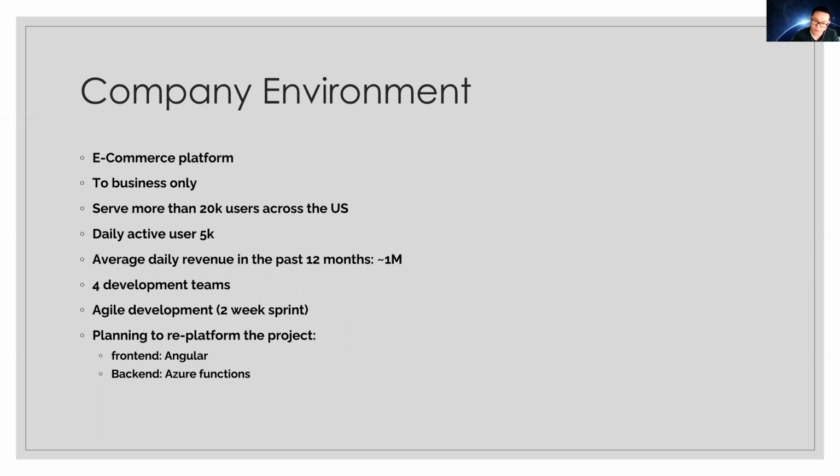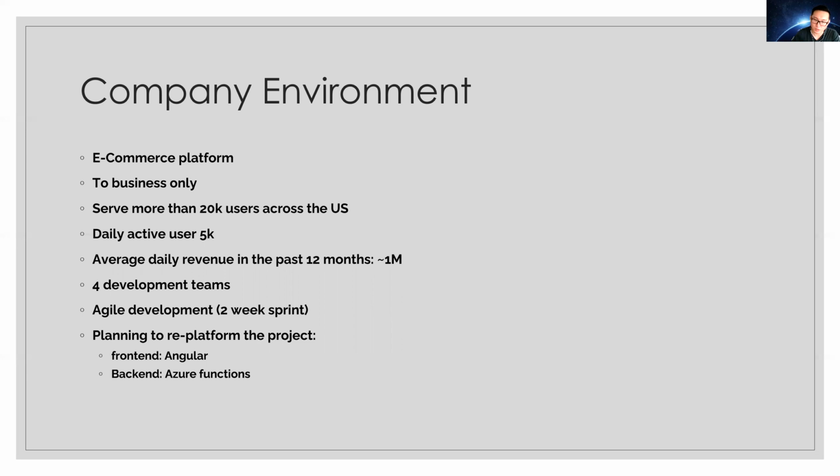Let's talk about the digital development team, which is the team I'm currently in. We have 4 development teams. Each team contains around 10 to 12 members. Most teams have 6 or 7 developers, 1 QA (quality assurance), 1 product manager, and 1 project manager.